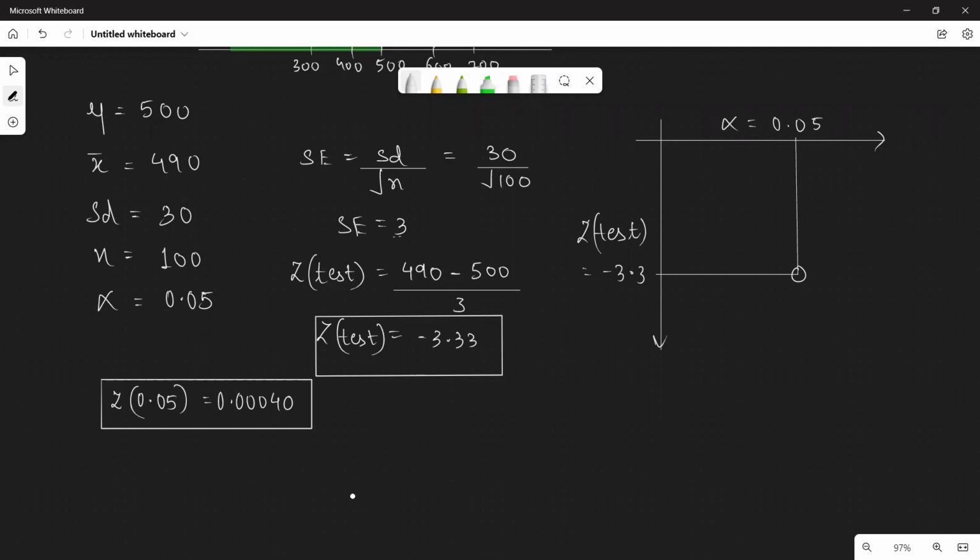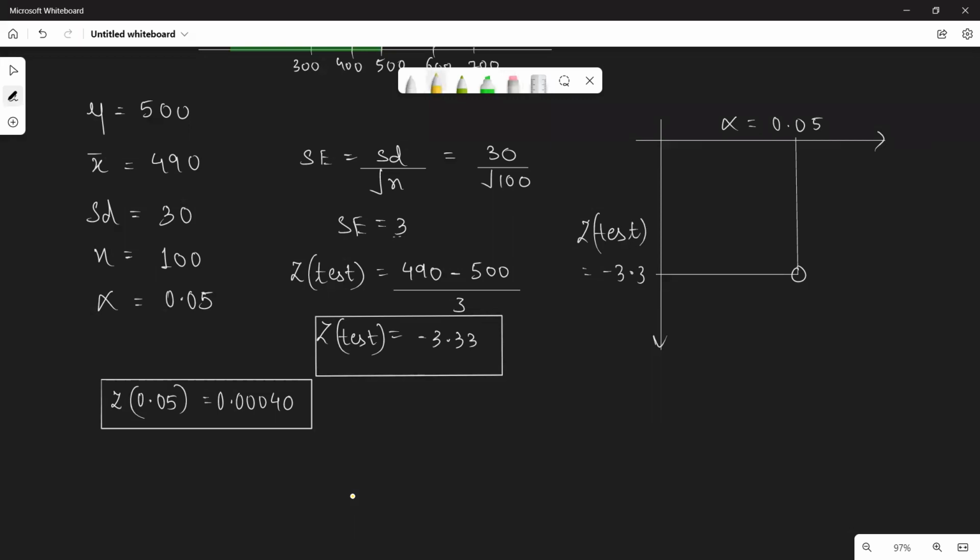So two things we have right now: Z test value from the data given to us in the question and Z of 0.05, which we have devised from the Z table. Now these two values are very important for us for further discussions. Why?